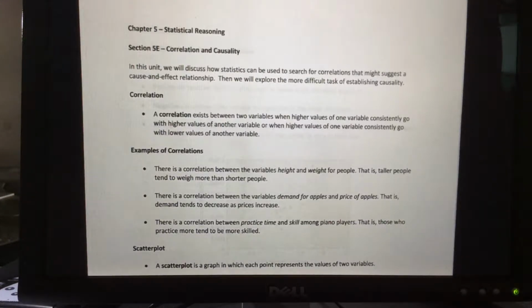That's basically what a correlation is between two variables. A few examples would be that there is a correlation between the variables height and weight for people. That is, taller people tend to weigh more than shorter people.